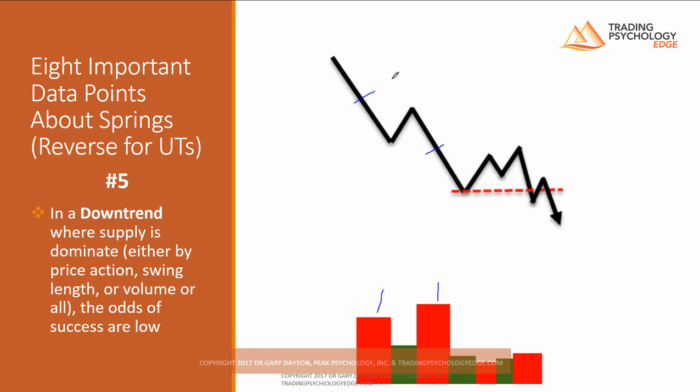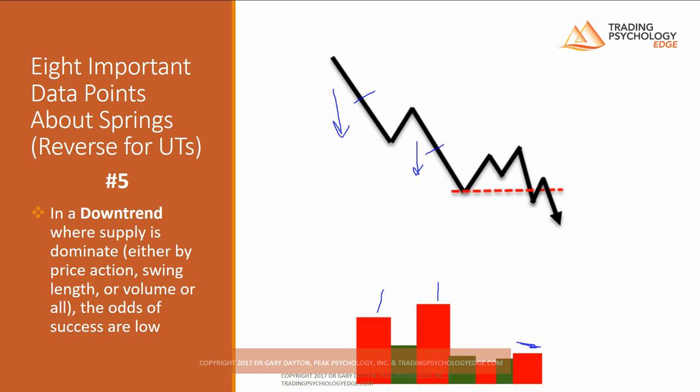And price action, we don't have price action, but you would see that there would be good downflow, ease of movement on these legs down. And then, the odds of success, even if the volume dries up over here, it's just not there. In a downtrend, you don't want to be where supply is dominant. You just don't want to be taking springs.